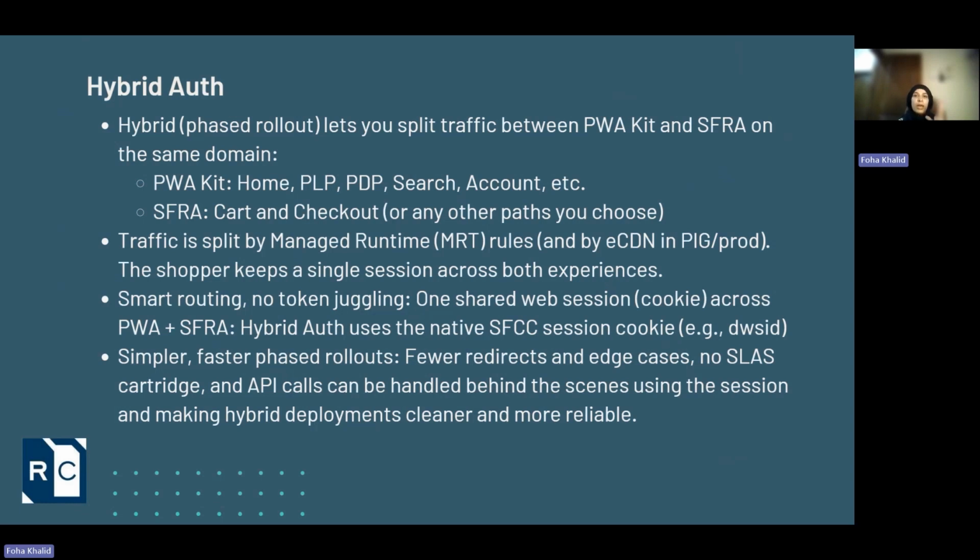So you could have a phased rollout or a hybrid rollout where you have some routes going to one site and the others going to the other one. Generally, the model that is followed is that you have most of your routes going to PWA Kit, and you've got some going to SFRA. So the traffic is split either by the MRT rules that we configure in MRT for lower instances, or it's handled by ECDN on the PIG instances.